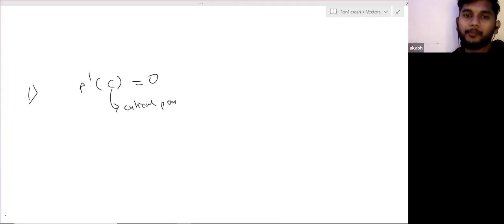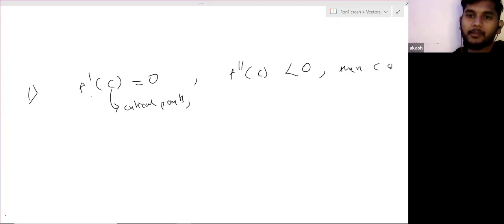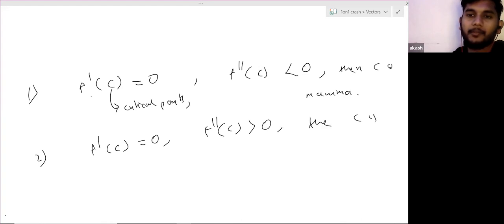All right. f dash c is 0 and f double dash c is less than 0, then c is maxima. f dash c is 0 and f double dash c is greater than 0, then c is minima.